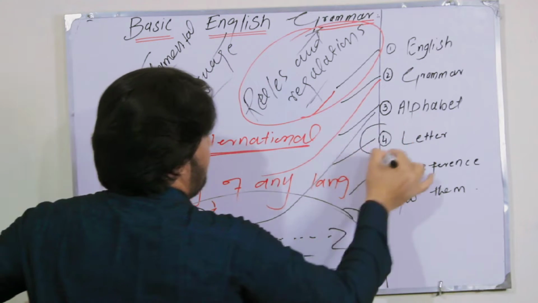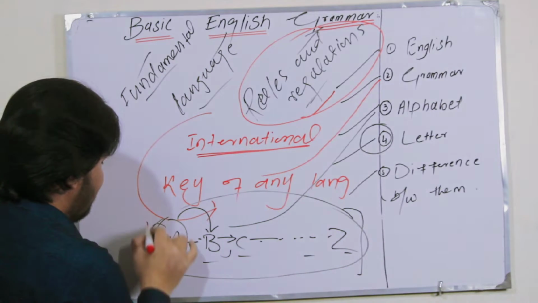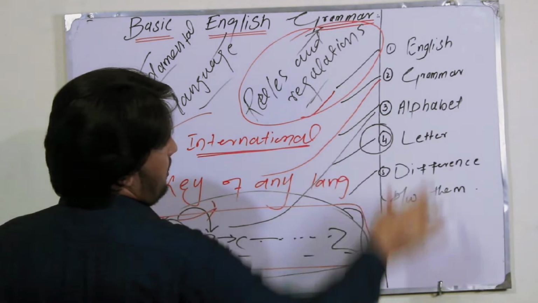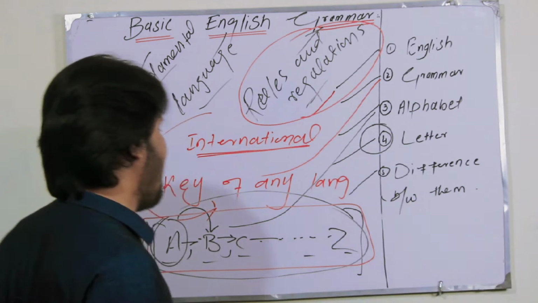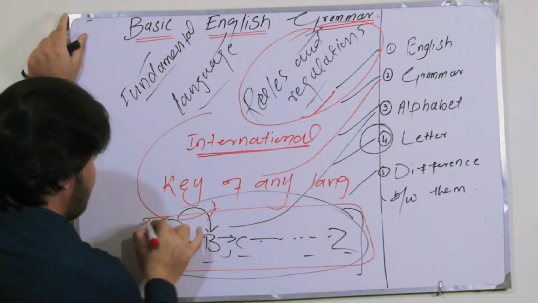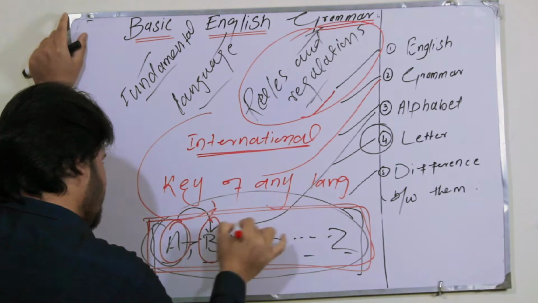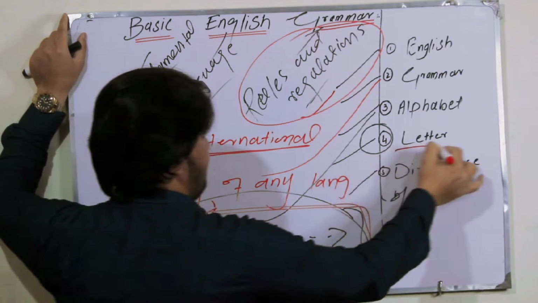Now we are coming towards letter. What is a letter? A letter can be defined as any symbol which represents a sound in its written form. So this is a set of letters, and each symbol or each entity in this particular set is known as a letter.